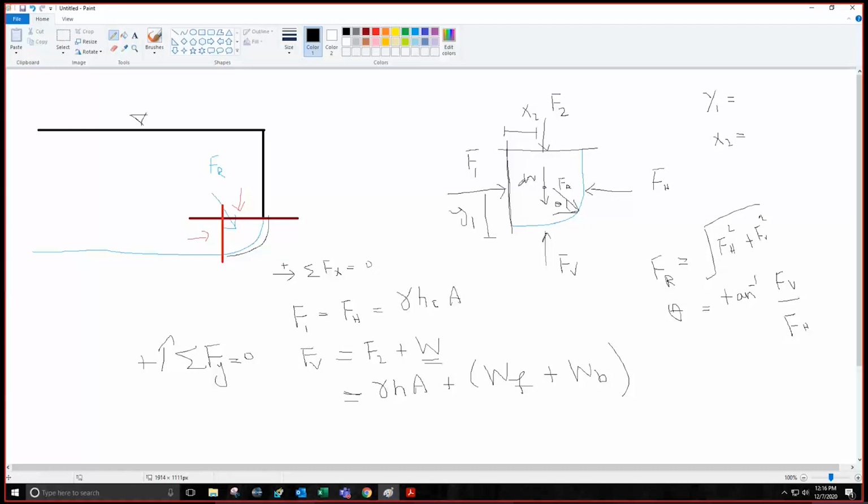Let's say this dimension is h. So Y1 would be equal to h by 2 because we are projecting it as a rectangular surface. So centroid of this projected area. Similarly, F2 would be at the centroid of this projected area. If this is R, X2 would be equal to R by 2. ठीक है, समझ आ गई बात? Is it clear?